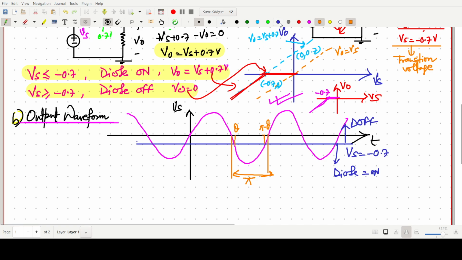The output waveform will start from this point and go like this, and it will again start and go like this.